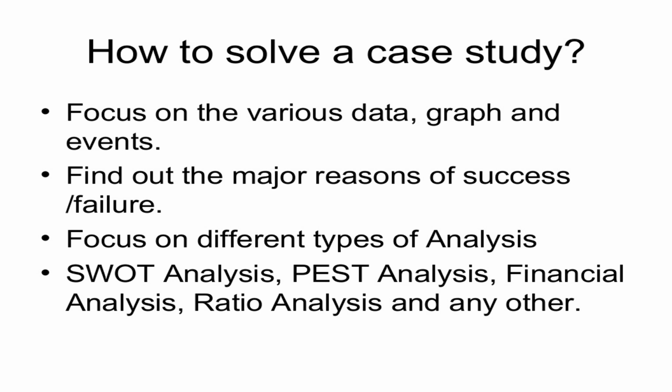When we are taking up environmental analysis, then it is PEST analysis: political, economic, social and technological part. Then there is financial analysis, then ratio analysis and other types of analysis. These, as and when we take up chapters, we'll be coming up with.